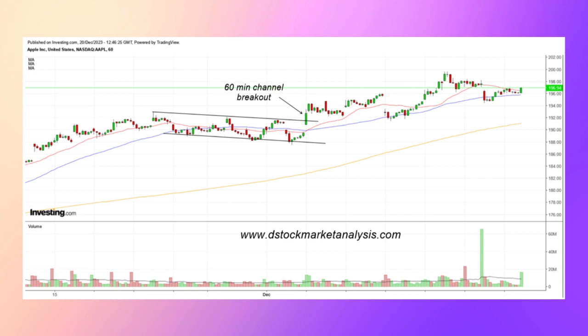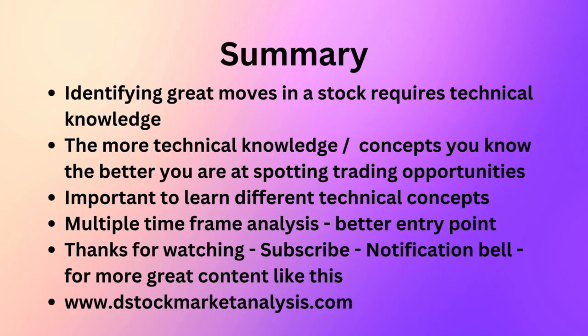You can see a lot of technical reasons why it moved up. And if you really want to know how a stock is going to behave in the future, you can study the stock chart of the company in and out, and you'll understand that they have a lot of repetitive patterns going on.